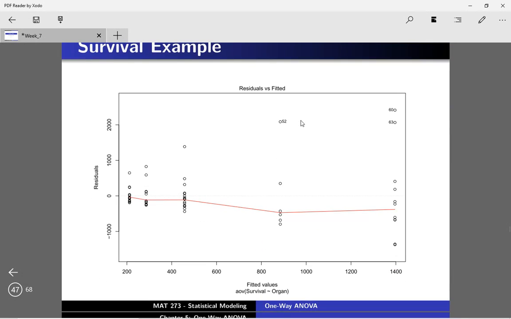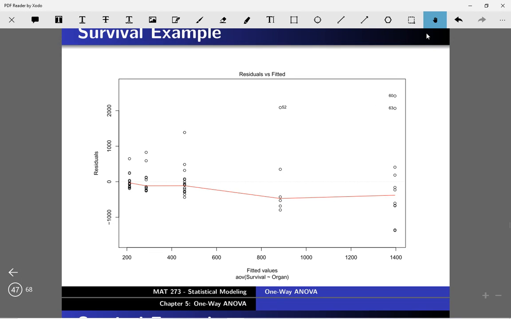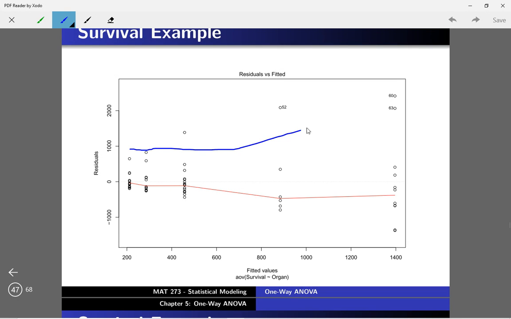So looking at the residual by fitted plot here, we can see that there's this fanning of the residuals. So this is indicating that constant variance is not met because we have this fanning shape where the spread or the variability in the residuals is bigger for bigger fitted values and smaller for smaller fitted values.